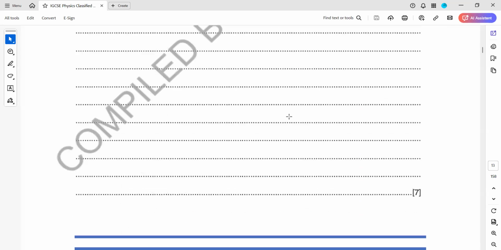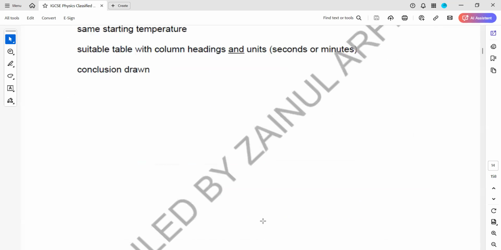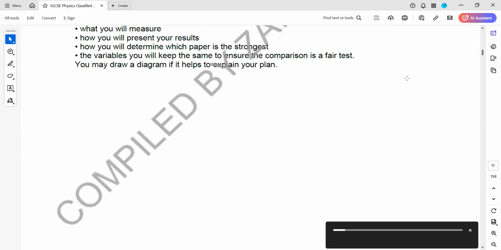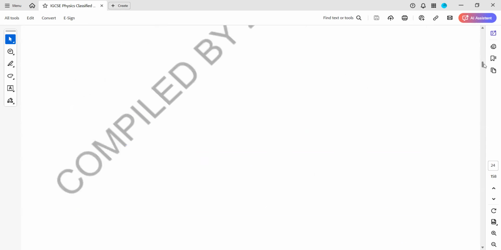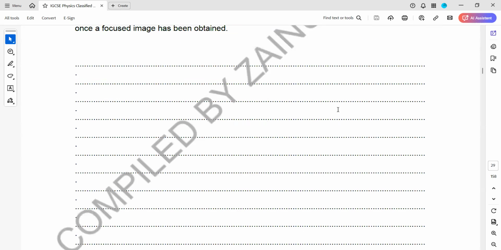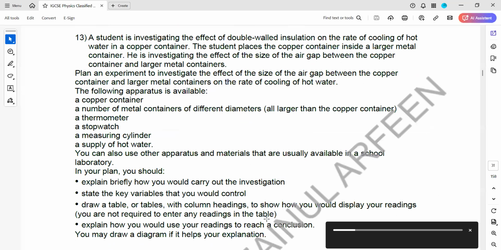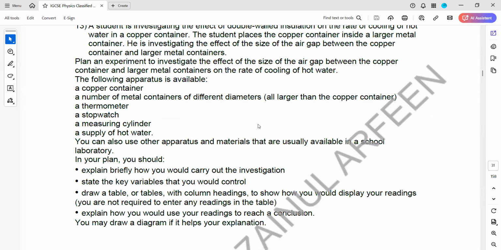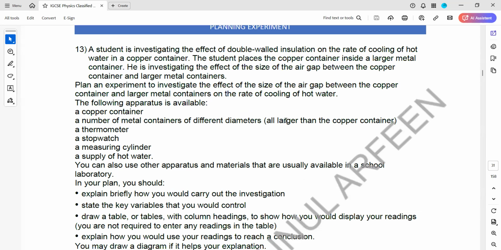The planning experiment question. A student investigates the effect of a double-walled insulation.